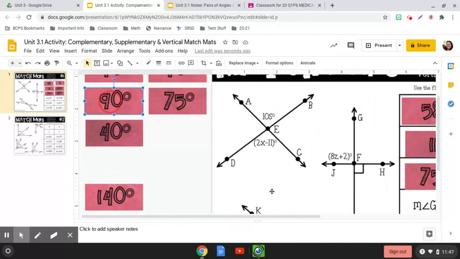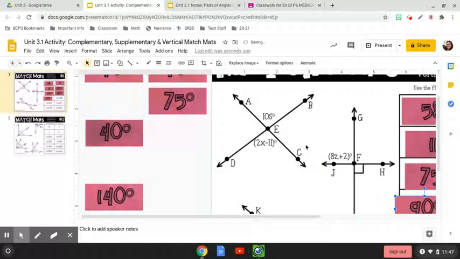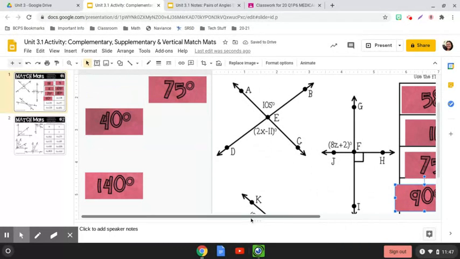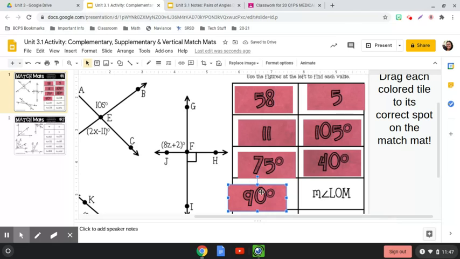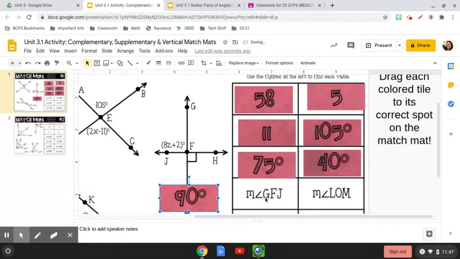Sure enough, we have a 90 degrees, so let's move it over here. So angle GFJ is 90 degrees.